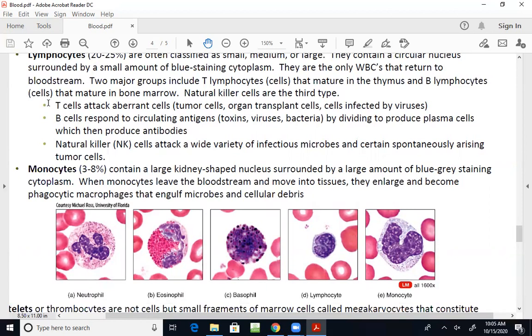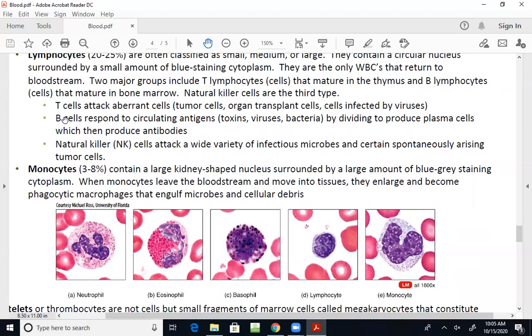T cells attack aberrant cells. Aberrant is just a fancy word for abnormal cells, like tumor cells, organ transplant cells, and cells that have become infected by viruses. B cells respond to circulating antigens, things like toxins, viruses, and bacteria, by dividing to produce plasma cells, which then produce antibodies.